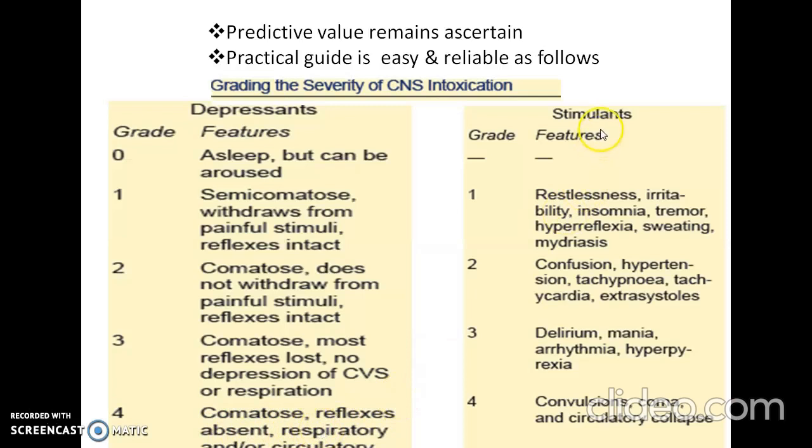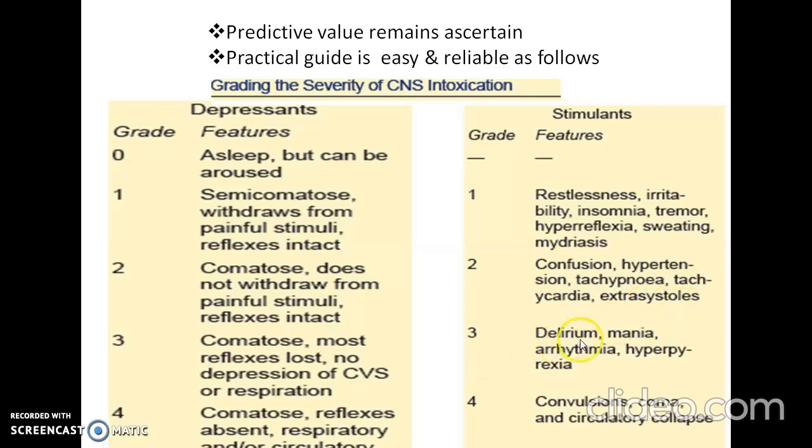Then coming to the CNS stimulating agents, grade 1 will be given for restlessness, irritability, insomnia, tremor, hyperreflexia, sweating and mydriasis. Grade 2 for confusion, hypertension, tachypnea, tachycardia, extrasystole.